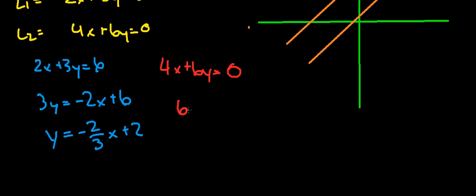Subtract 4x, 6y is equal to minus 4x. Divide both sides by 6, y is equal to minus 2/3 x. So here we notice we have the same slope. We just have different y-intercepts. The y-intercept of this line is 2. The y-intercept of this line is 0.